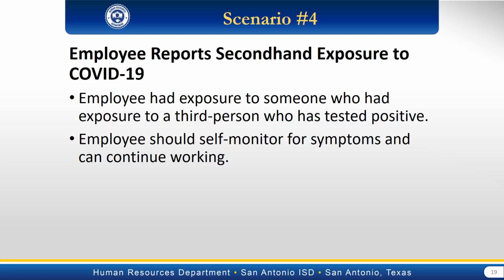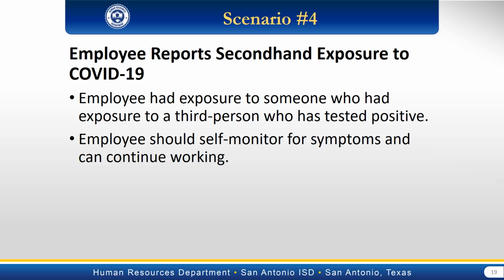And then there are occasions when employees have been exposed outside the workplace, potentially even inside the workplace, but exposed to someone with COVID on a secondhand basis. Let me just give you an example.